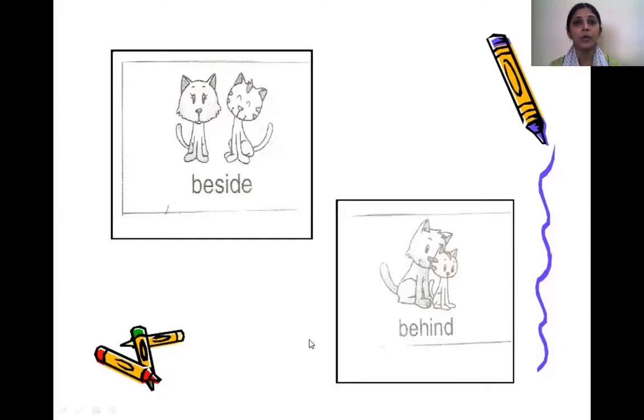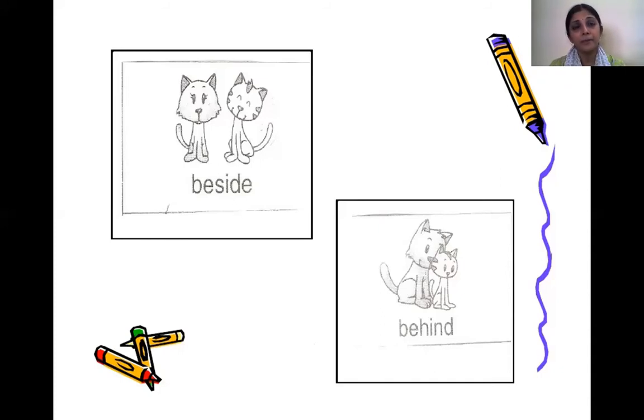And now we come to the last type of preposition of location, and that is beside and behind. Again, the pictures are able to explain the prepositions well. When two objects, two persons are sitting next to each other, are kept next to each other, it is beside.